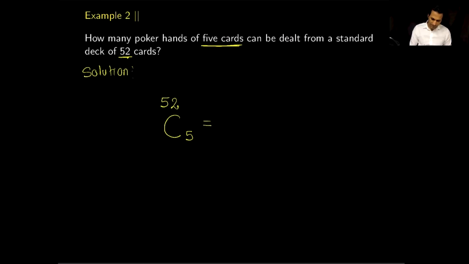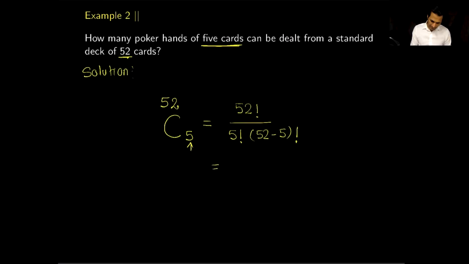Therefore, the total number of ways will be 52 factorial divided by 5 factorial, multiplied by 52 minus 5 factorial. This is the number of ways we can select 5 cards out of 52 cards.